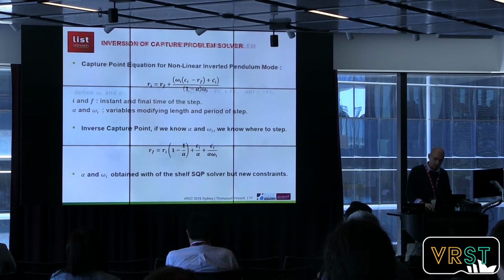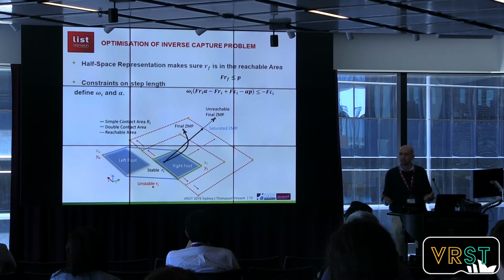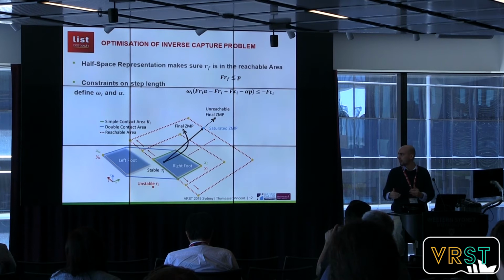So here is a little picture to show how I'm doing this. I have to move the right foot. So I'm looking for a solution under a short length range. I'm saying, can you find a solution for that short length?